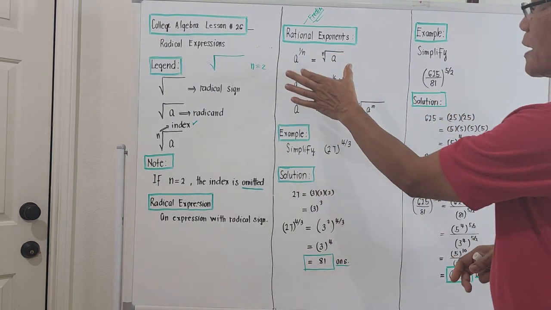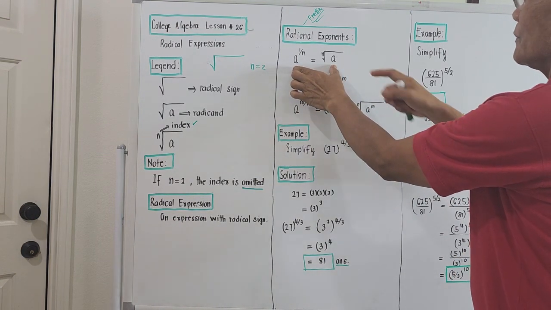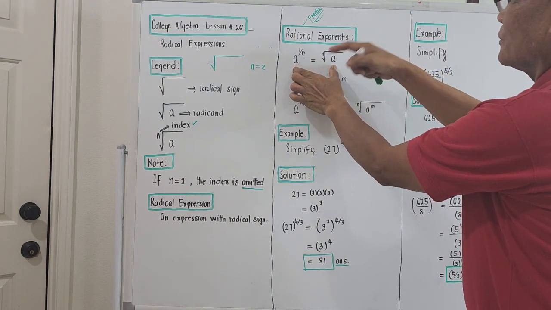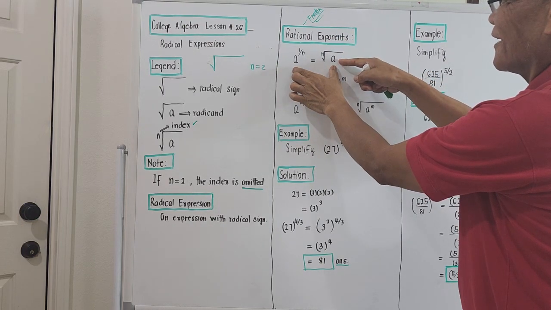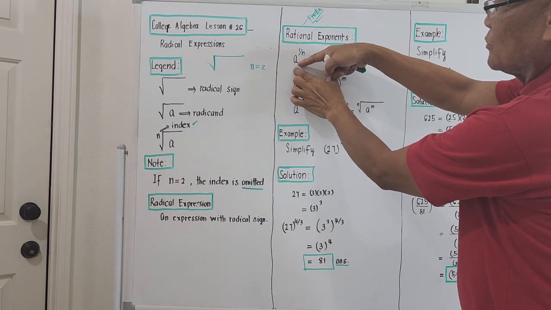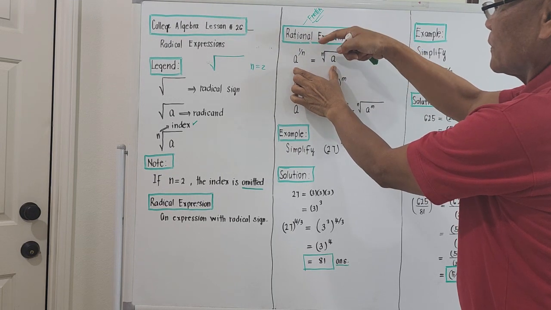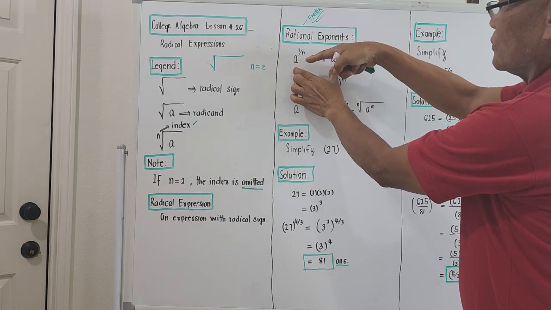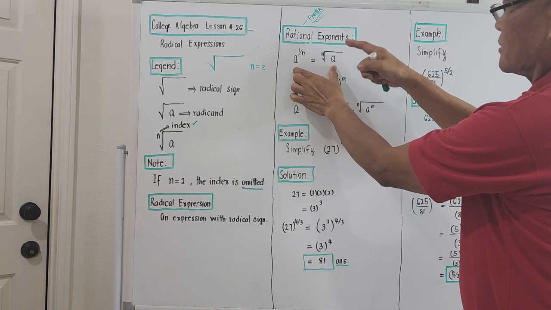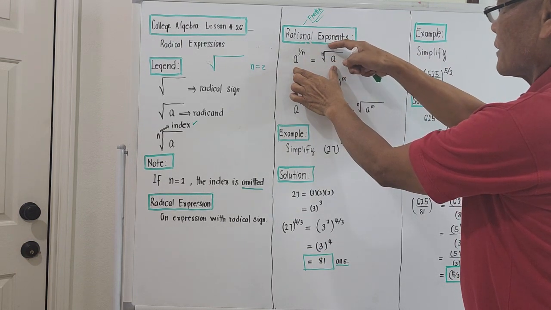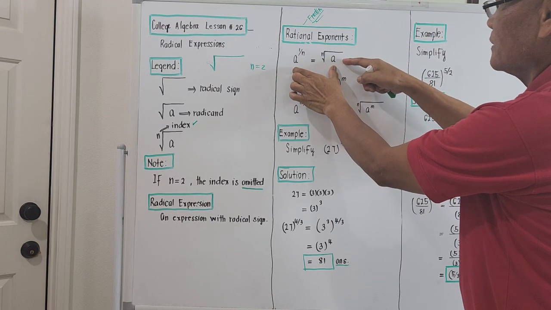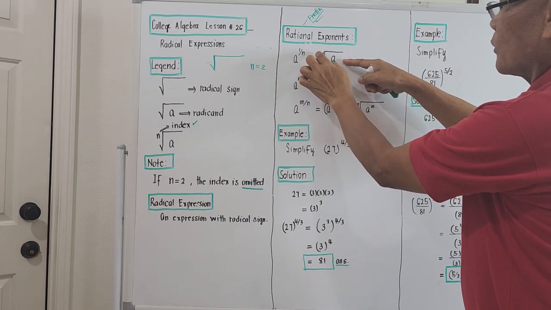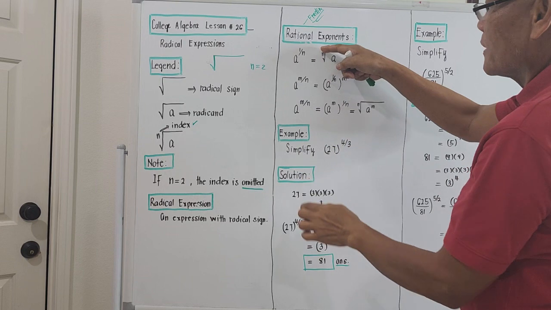So these two here are actually equal. If we try to read this one, that is the nth root of a. So a raised to 1 over n is just equal to this radical sign here with the number a inside, and the index here is n.